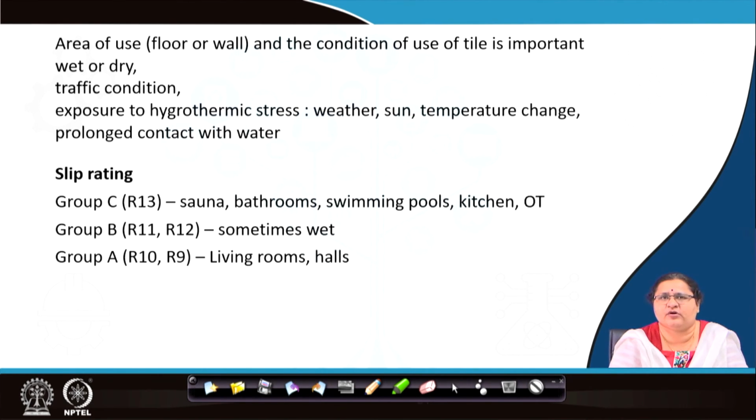Group C will be for the water areas, like the operation theatre, so nothing will stick to it. Group B is sometimes getting wet. Group A is hardly getting wet. It is dry. Group C is all wet, next is sometimes wet, the last is mostly dry, occasionally wet.